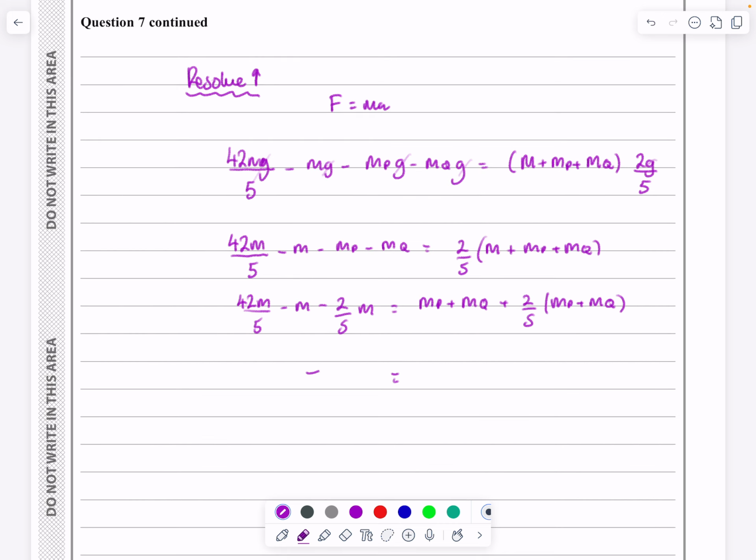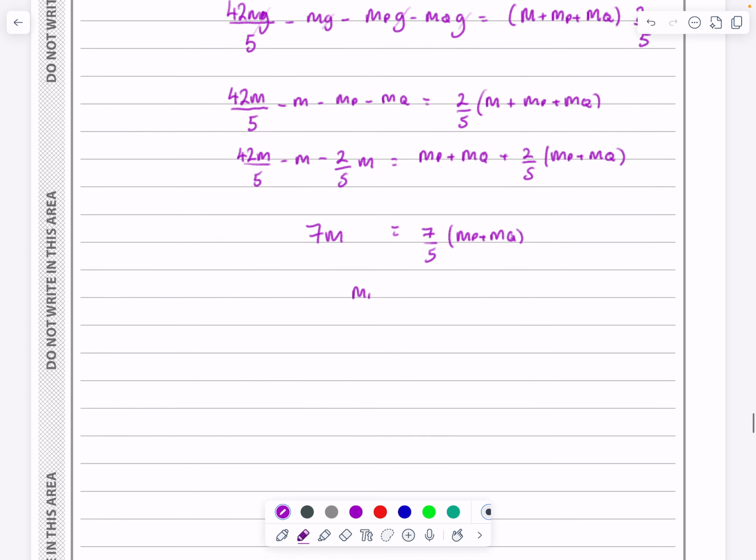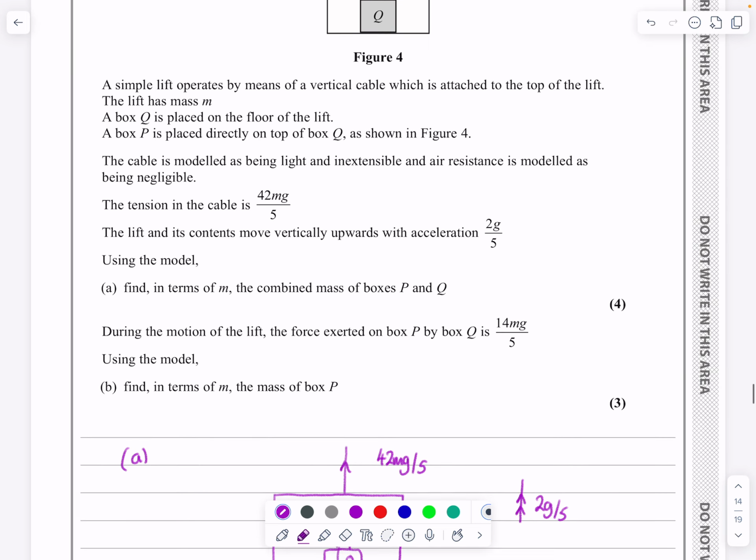On this side we've got 7m, that all tidies up to, and on this side I've got 7/5 of mp plus mq. So mp plus mq, which is what I was looking for, tidy that all up, it works out to be equal to 5m. So first part done.